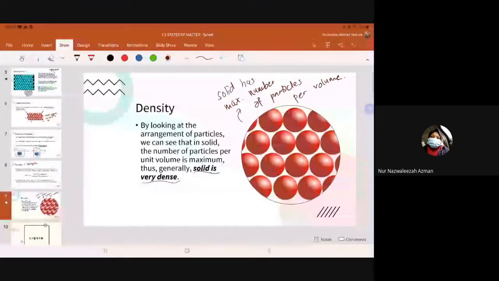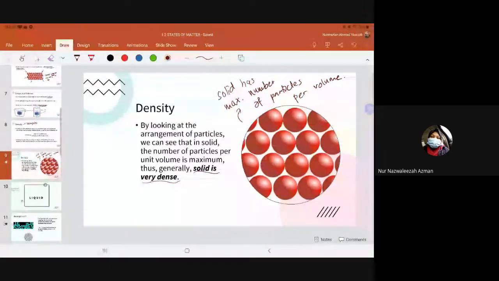Air mempunyai ataupun liquid water, dia punya density lebih tinggi daripada dia punya solid. Tapi itu adalah keganjilan sajalah. Untuk benda lain semua, dia ikut properties yang ini. Jadi secara umum kita boleh cakap solid sentiasa lebih dense berbanding liquid, with the exception of water. Okay, thank you sir.